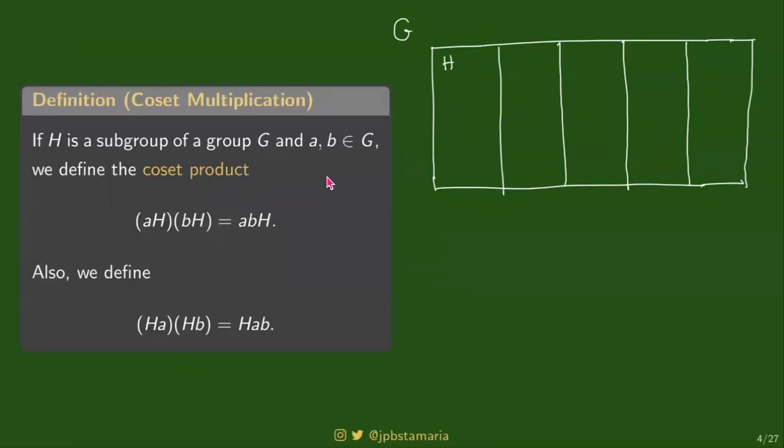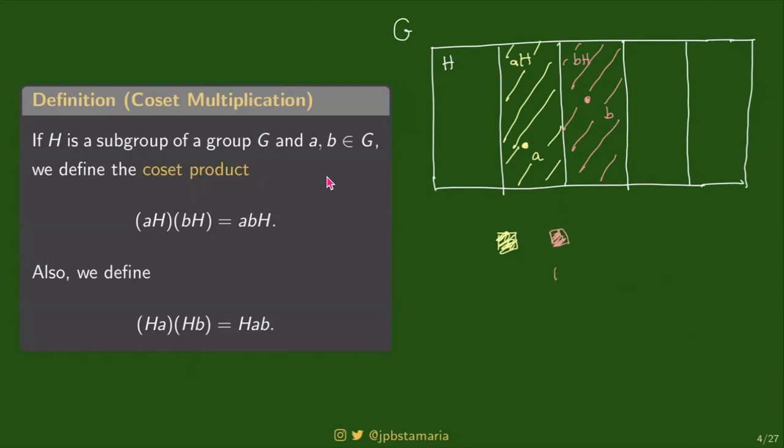Halimbawa, nandito si A. So, itong coset na ito si AH. Siya si yellow coset. And then you get another element. Kunwari nandito si B. So this coset is named BH. So we have the yellow coset. We have the red coset.